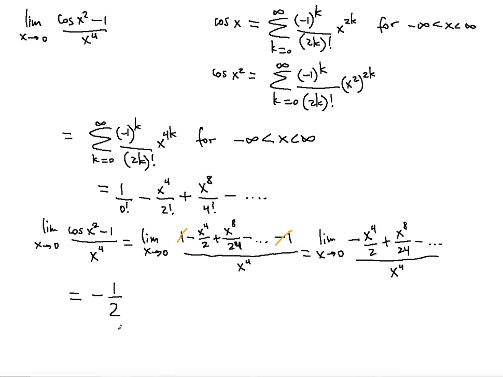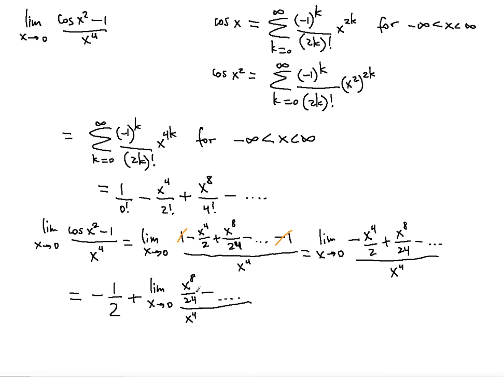So negative 1/2 plus the limit as x approaches 0 of the remaining terms, x to the 8th over 24 divided by x to the 4th, minus etc. The powers of x in this large numerator will keep increasing.